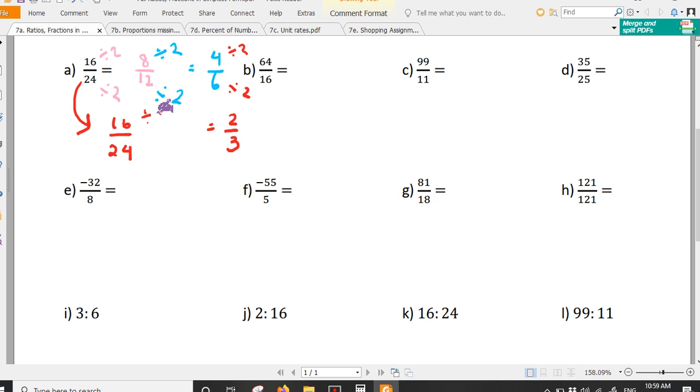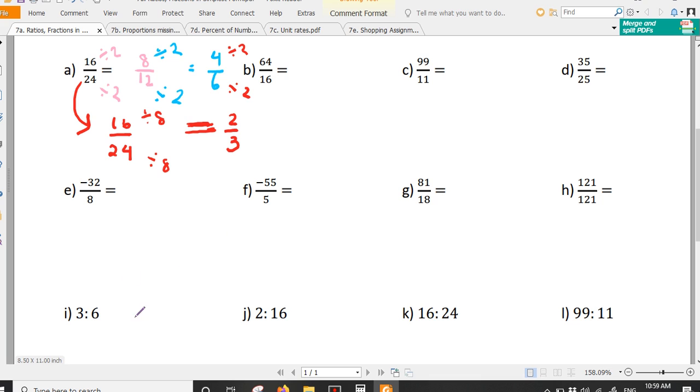If I divide this by 8, divide this by 8, 16 divided by 8 is 2, 24 divided by 8 is 3. You would have got it in one step. But there's nothing wrong with trial and error and dividing by 2 to get the smallest possible fraction.